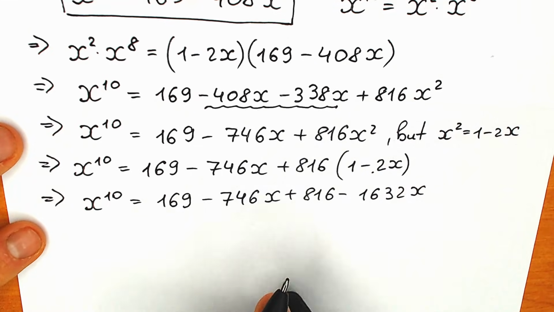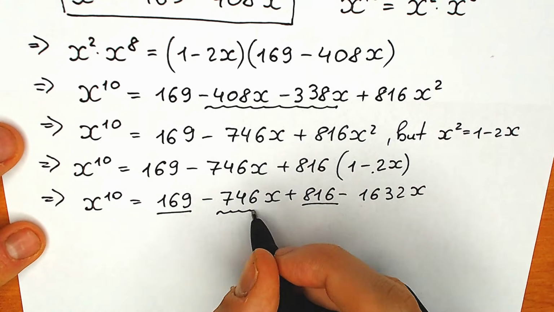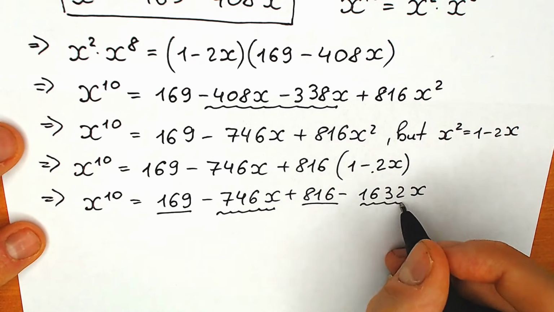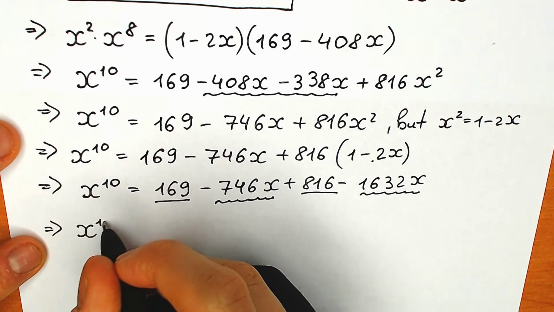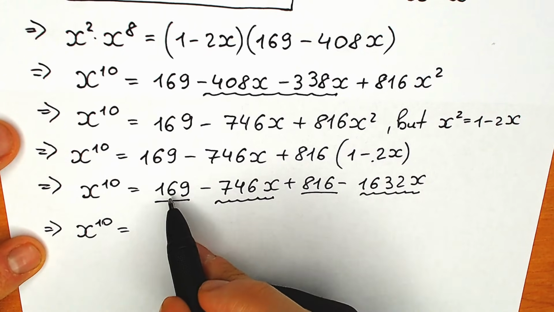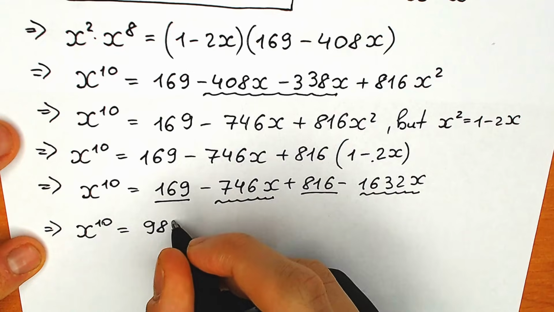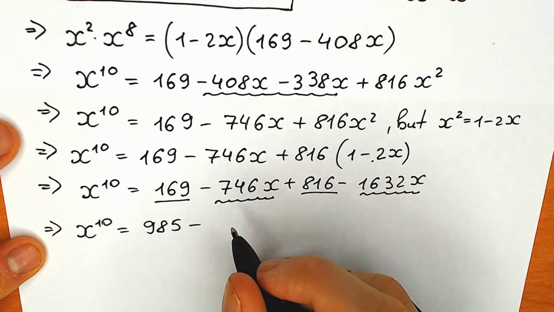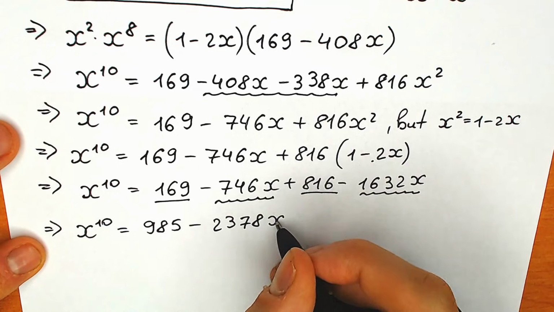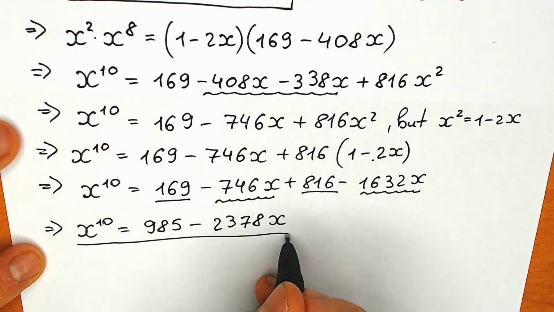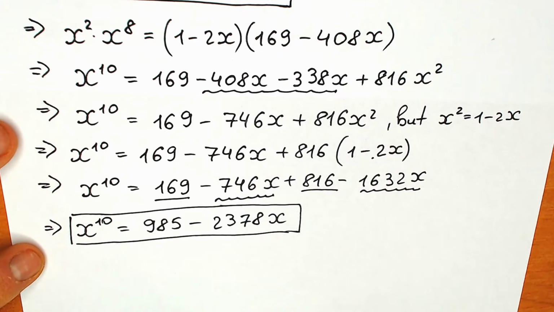So let's add the common things. We have our constant and our expression with x. So x to the power 10 equals 169 plus 816, which is 985, minus 2378 times x. This is our x to the power 10, the expression that we need.